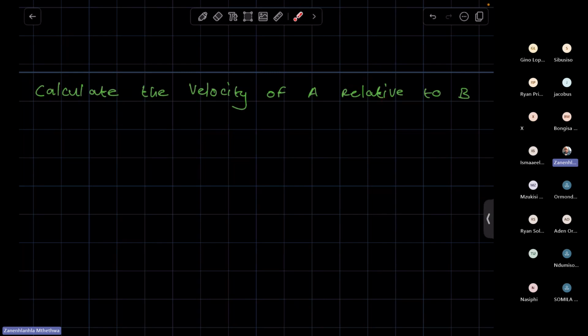In this question, you want to calculate the velocity of A. So A is the object that you're calculating, compared to what?